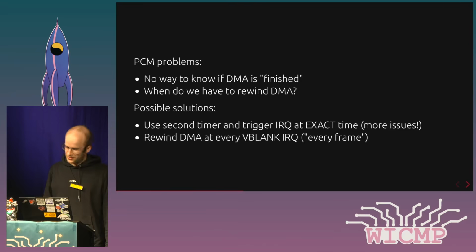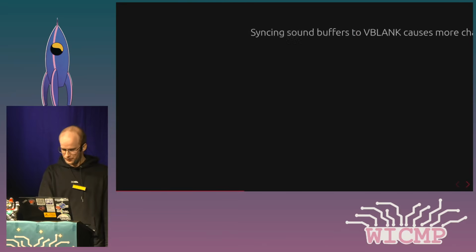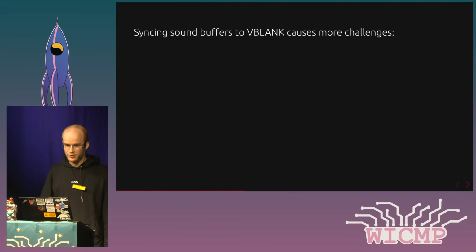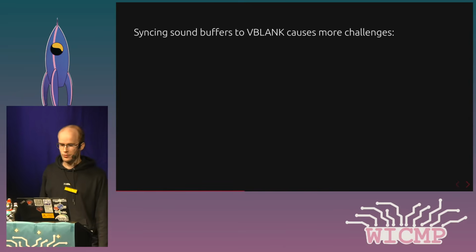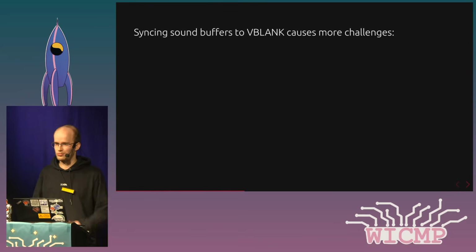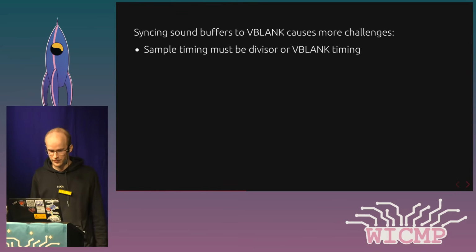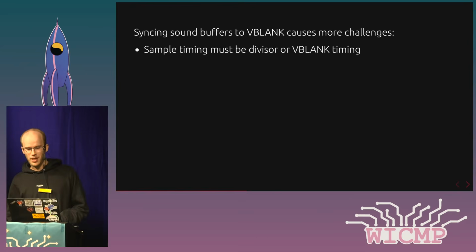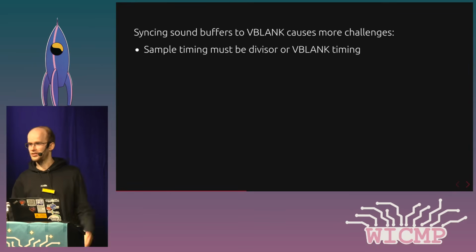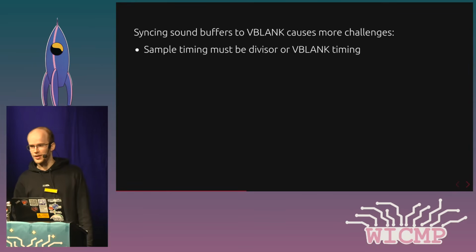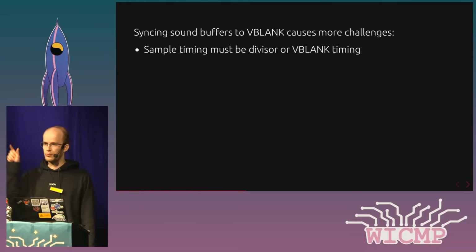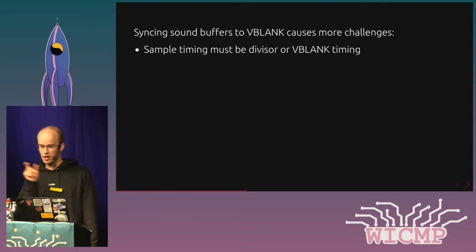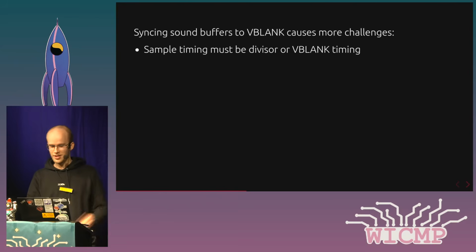The only problem with this is that it causes new issues. It essentially means you have to synchronize your buffer timing with the V-blank timing, because otherwise you'd get glitches. That means the sample timing must be a divisor of the V-blank timing, because if your sample timing is just ever so slightly off, eventually the time frame where you have to rewind the DMA would get out of alignment, and then you'd get glitches again.